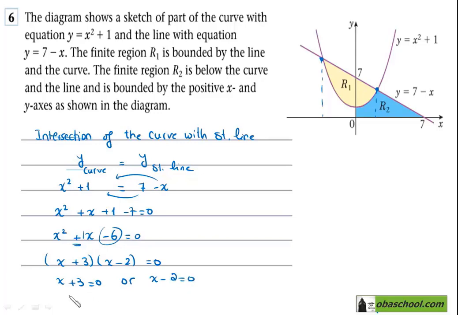For the first one, x is minus 3, so it is on the negative side. This is point minus 3. Or x is plus 2, so on the positive side, this is plus 2. Now we found the intersection points.